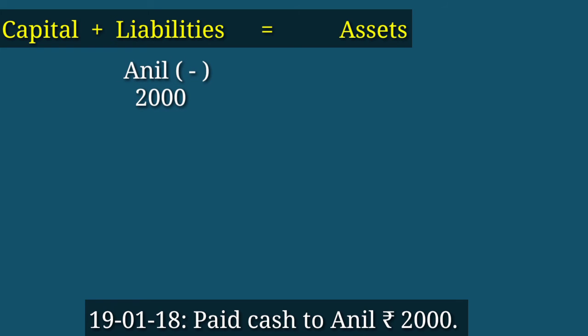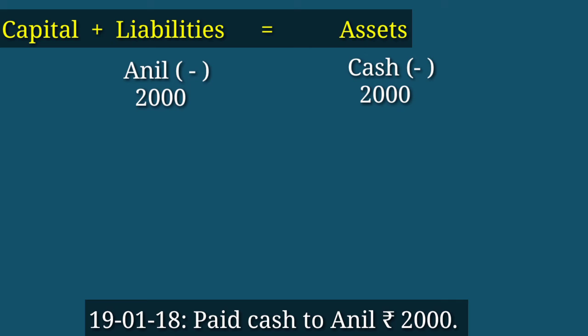And we are paying cash. Paying cash means giving cash, so cash is decreasing. So here Anil, creditor also decreasing and cash also decreasing. See this accounting equation. It is correct. Liability side Anil decreasing 2000 equal to asset side cash also decreasing 2000.